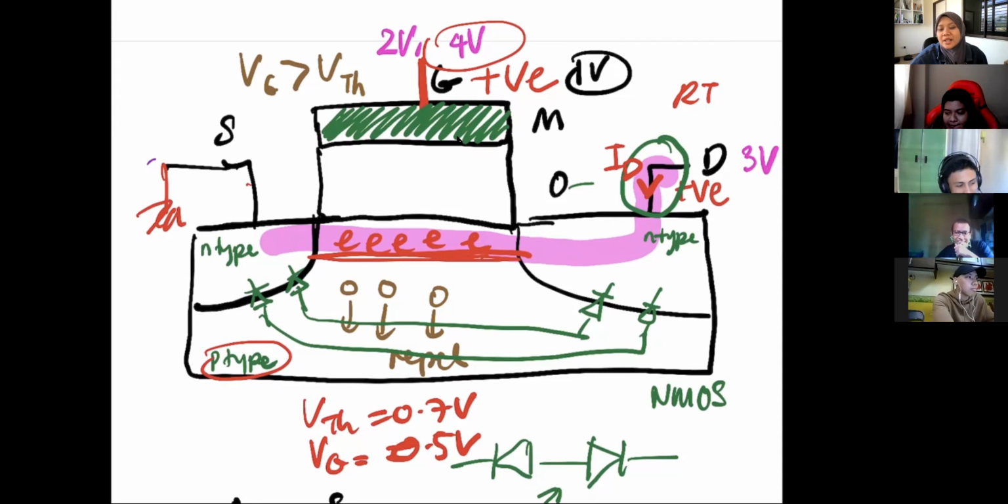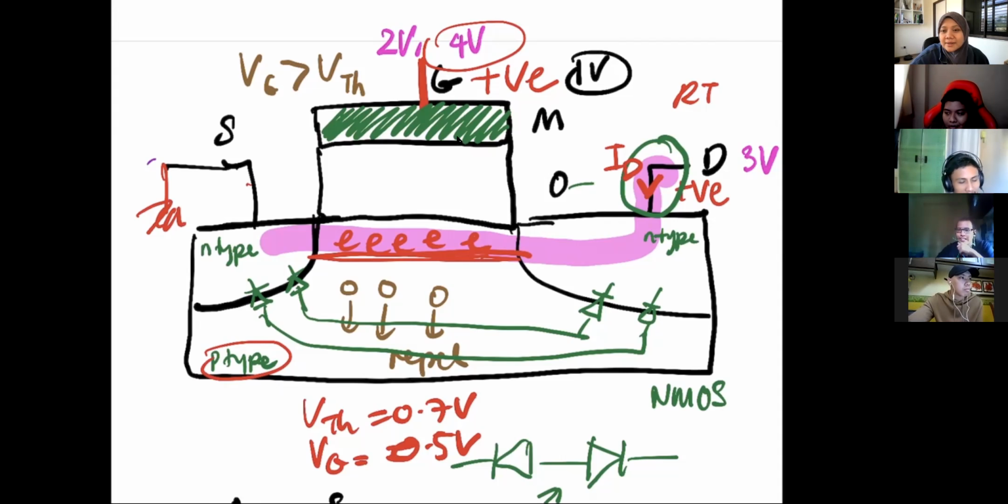Hello? Hello, speak in English. Oh, okay. So when we decrease the gate voltage, the size of the inversion channel will become lesser because less electrons are attracted to that side.